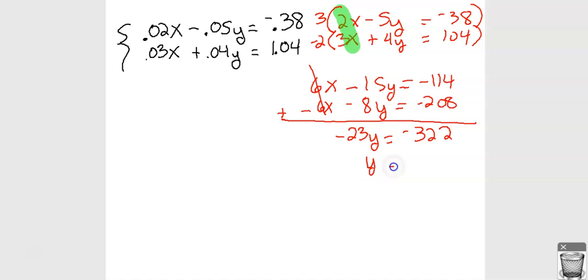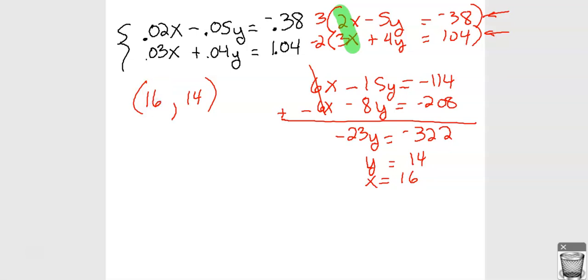Then you can solve that, and y equals 14. Remember, I'm trying to find a point. If I graph these, they're going to cross at a certain point, and y equals 14 is the y part of the point. Then you substitute that back into one of the original problems, the ones I multiplied by 100 to get rid of the decimals. So you plug 14 back in, and you get x equals 16.